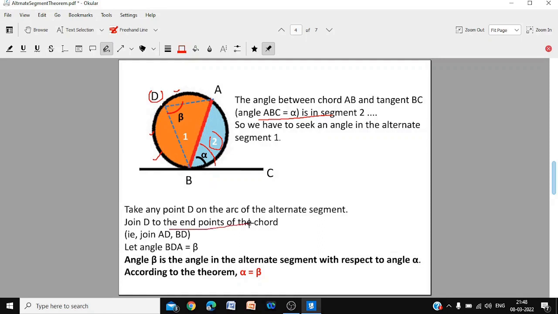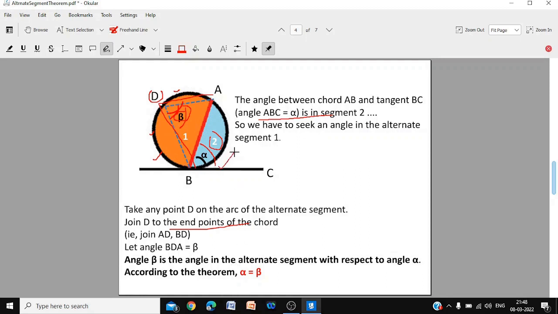So join AD and BD. And supposing this angle, the angle ABD, we are calling it beta.